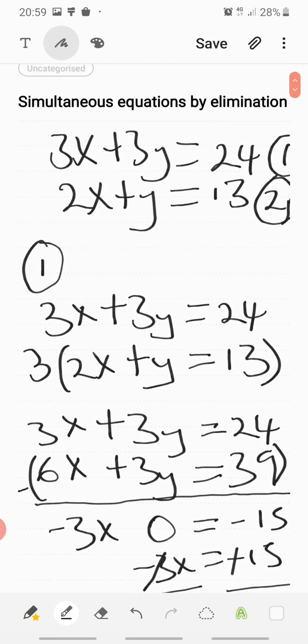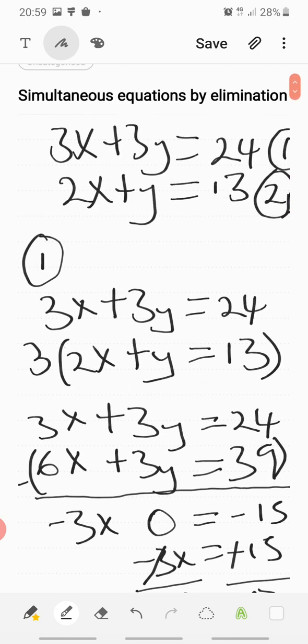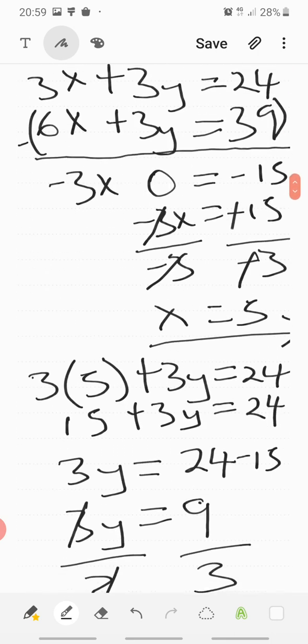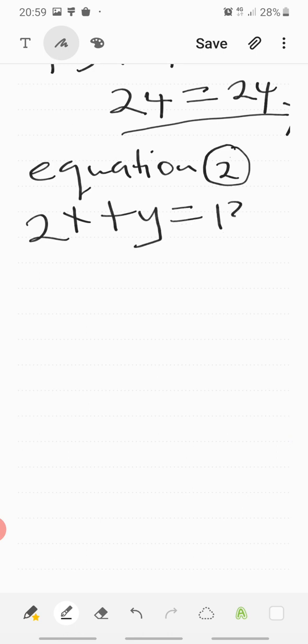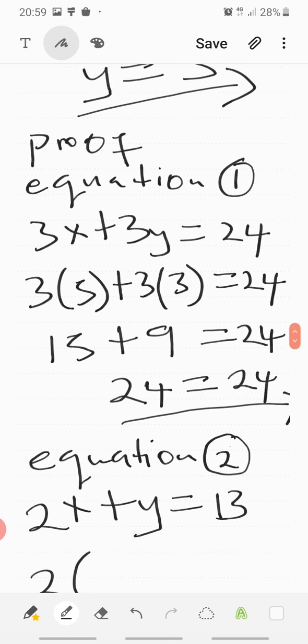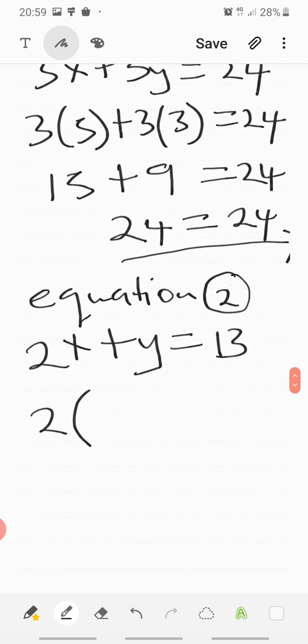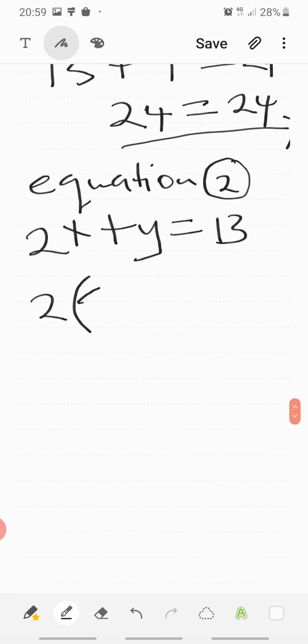So our second equation is 2x plus y is equal to 13. Therefore 2 times the value of x, which is 5, then the value of y, which is 3, is equal to 13.